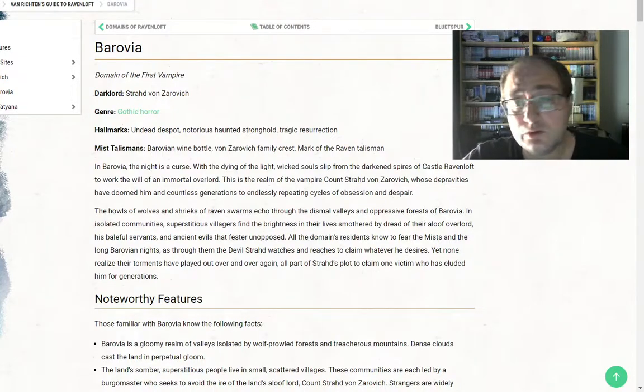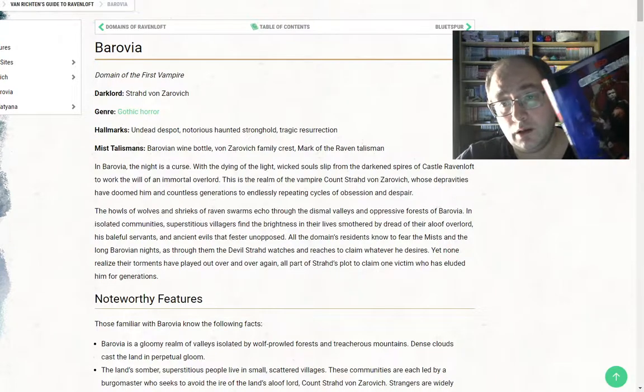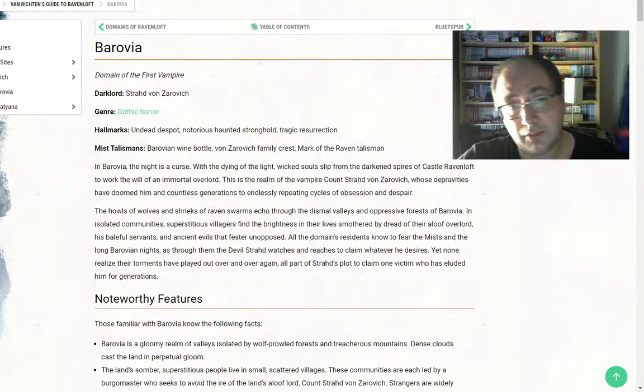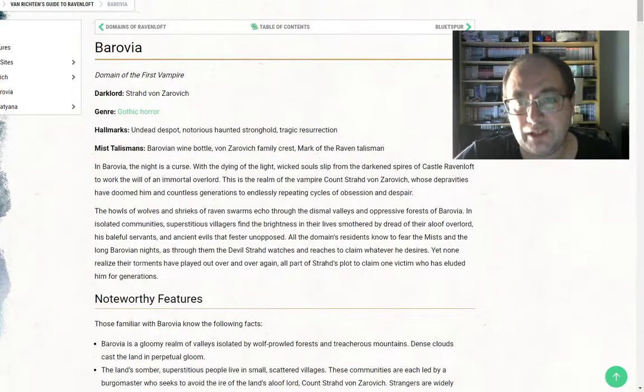However, you could also run dark fantasy in it very well, and in fact, I would even argue that Curse of Strahd, the very popular module set in Barovia, is actually not Gothic horror. It's really more of a dark fantasy horror than Gothic horror, in my opinion, anyway. So you could run Gothic horror, you could run dark fantasy.